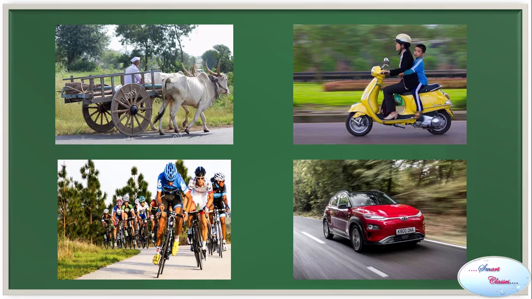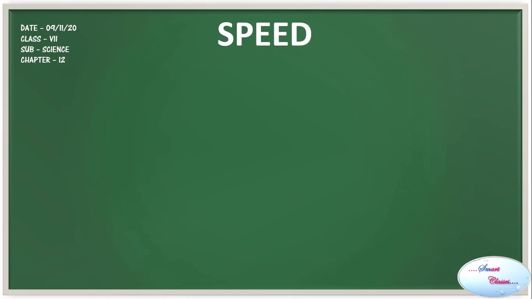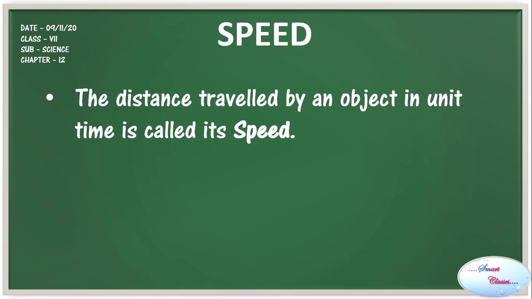When all these vehicles move in the same direction, we accurately know which one is moving faster. Not only the direction and distance is important, but time is also a very important factor to find speed. So, we can say that speed is distance covered by an object in a fixed interval of time.